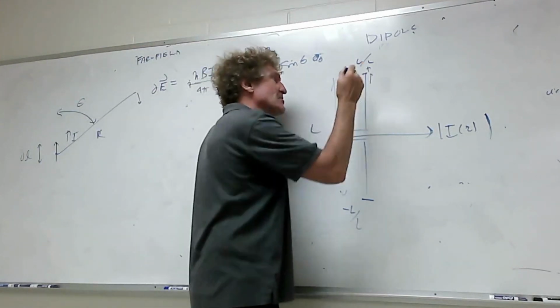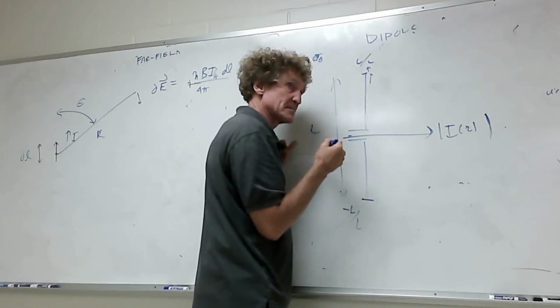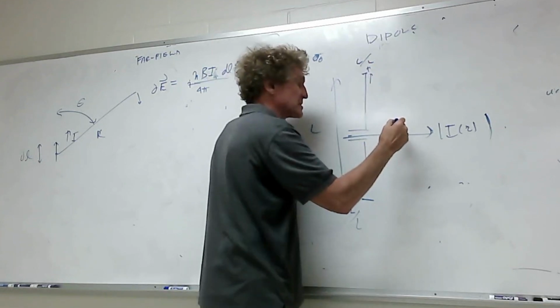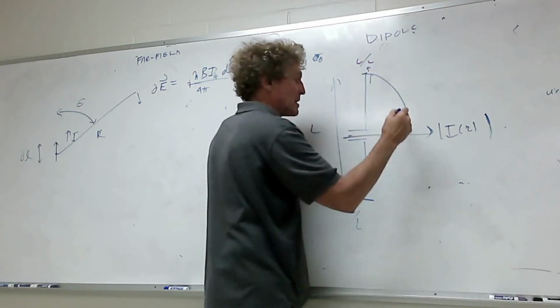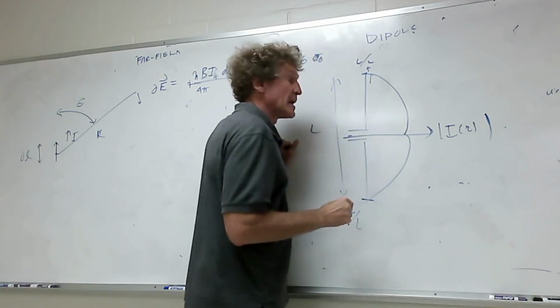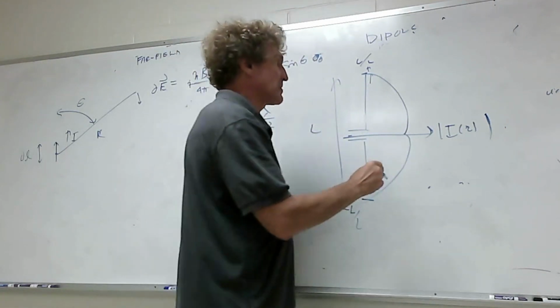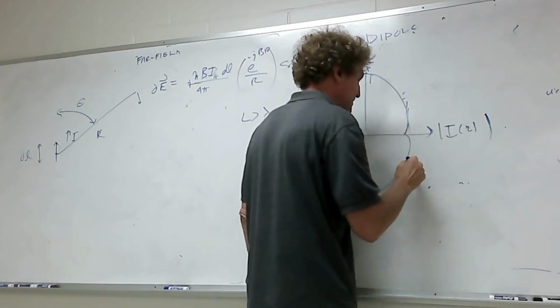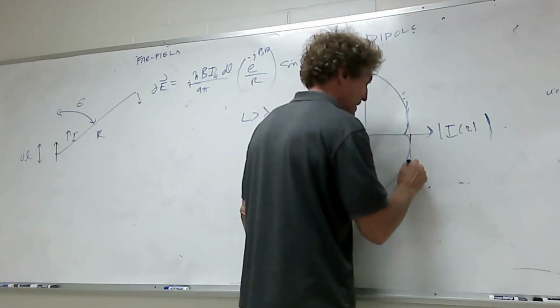The current has to go to 0 when it's terminated like this. Has to. So what you get is a current distribution that's going to look something like this. It'll be symmetric. That's just symmetry. It'll have a peak value of I naught here. This is going to have some maximum value of I naught.